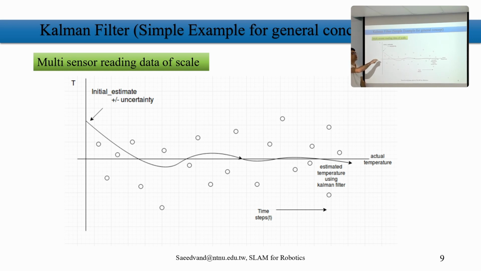And based on these data, in order to estimate the accurate value, we saw how we can use the Kalman filter from a general perspective. And we are going to see algorithms for how to find this line. This line tries to predict based on the data.